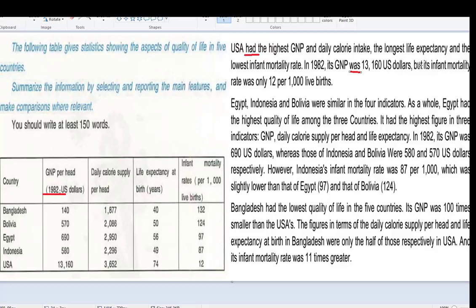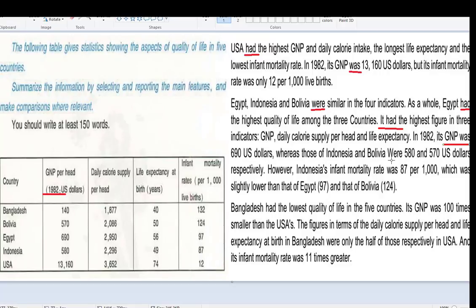Okay, so this is a compound sentence but used with an incorrect conjunction. We had a problem here with this word. Past tense, Egypt had, it had, its GNP was.